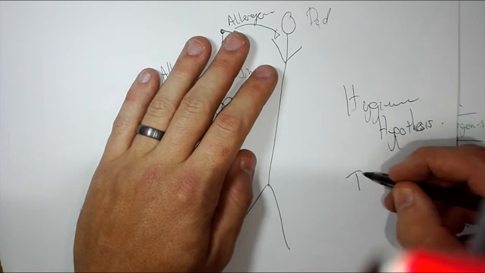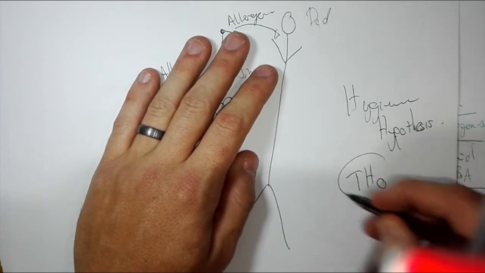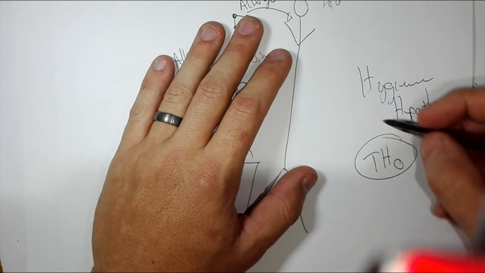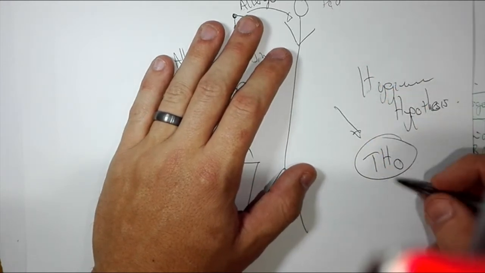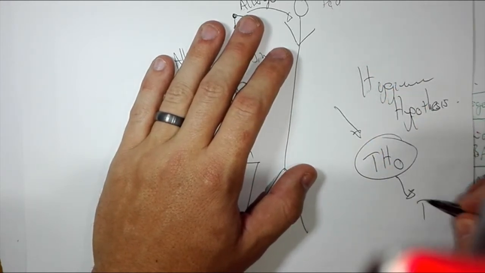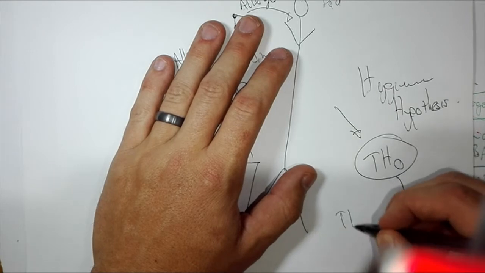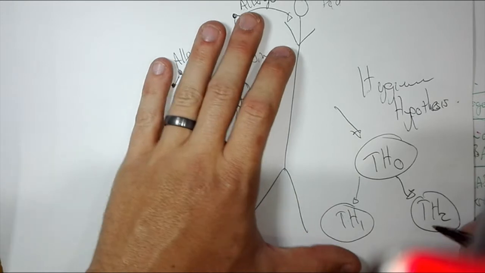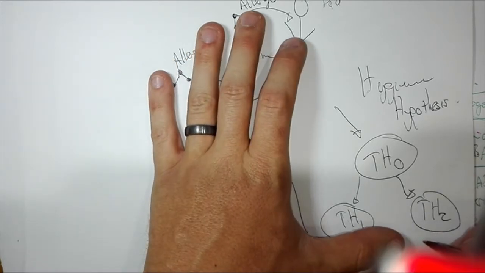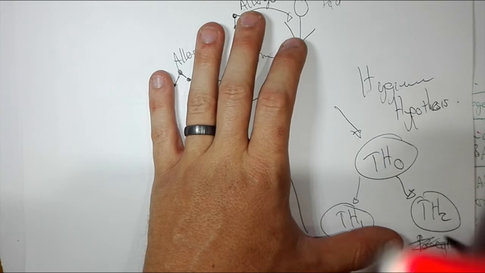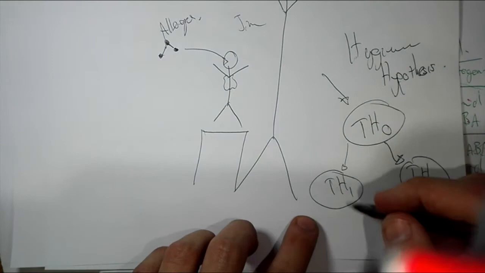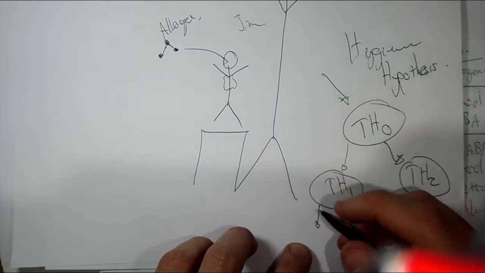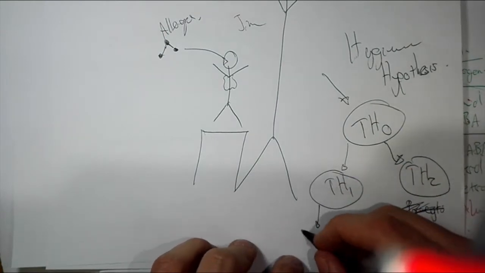So normally you've got your naive T helper cell, and the dendritic cell will tell this T helper cell to differentiate into either a Th2 cell or a Th1 cell. So in normal cases, Th2 cells deal with parasitic infections. Let's just say parasites. And your Th1 cell would deal with bacteria and endotoxins and exotoxins.